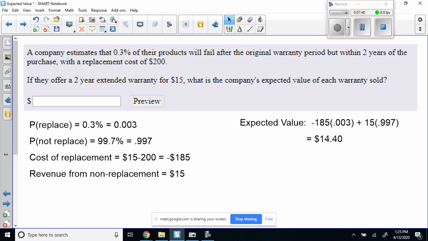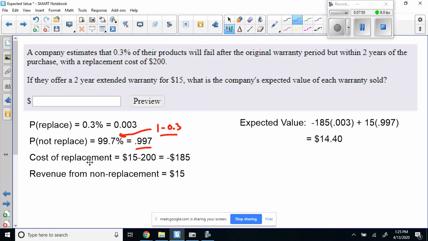Same thing as we had back on the first problem. That's how we got the 99.7. It'd be 1 minus 0.3, which gives you that. Now I changed it into a decimal.